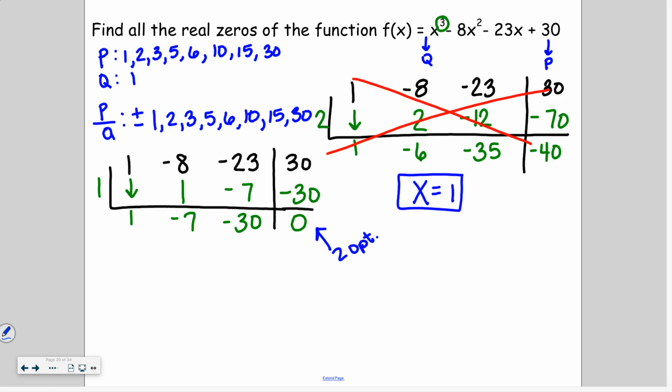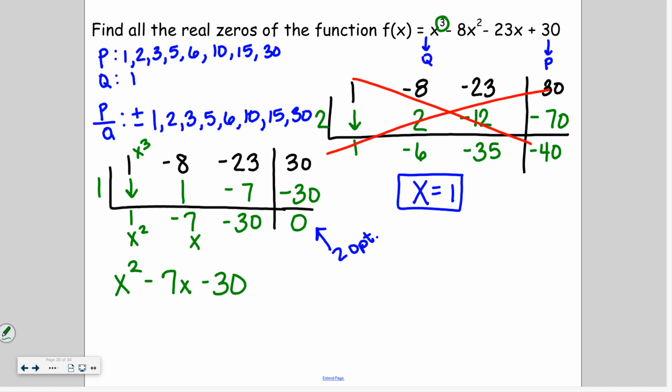So let's look at it. I want you to see that if you factor, it works just as well. So we go down in degrees, so we started with x cubed right here, so this one's going to be x squared, and then x. So we have x squared minus 7x minus 30.